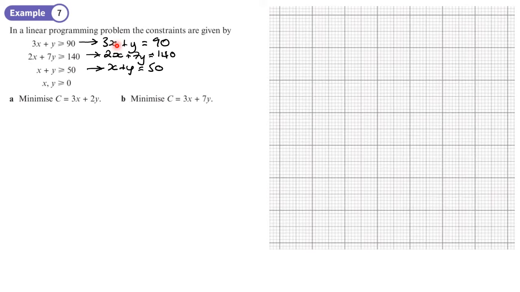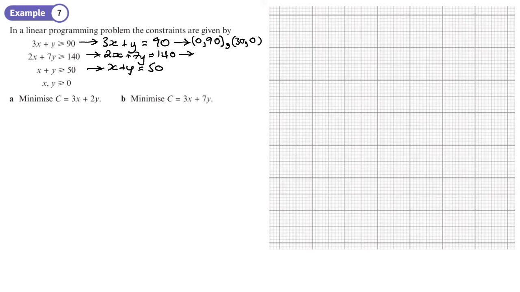Now before we draw the grid, it might be worth working out some coordinates first, so I don't draw something too small or too big. For example, on this first one here, I'll make x equal to 0, which means that y is 90, and then I'll make y equal to 0, which means that x is 30. So I know what size numbers to use there.